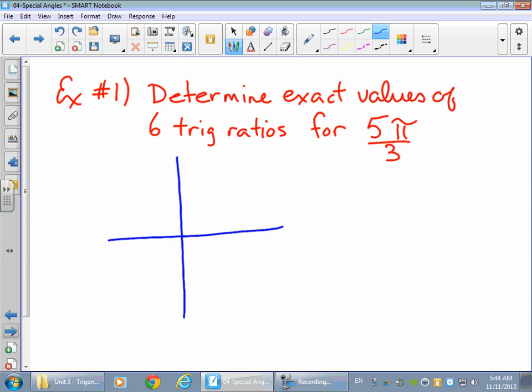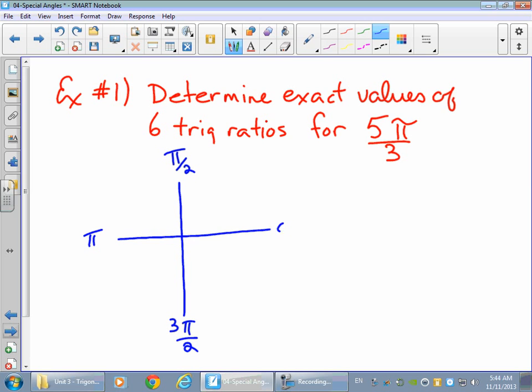5 pi over 3, if we're thinking about where that's going to get us, you sort of have to have a pretty good idea of where things are. This is, of course, pi over 2. This is pi. This is 3 pi over 2.